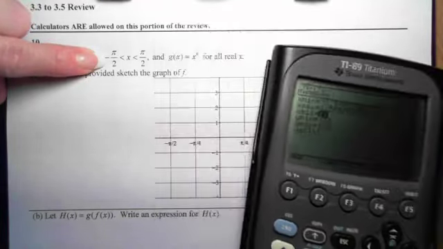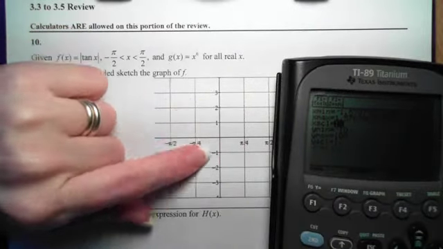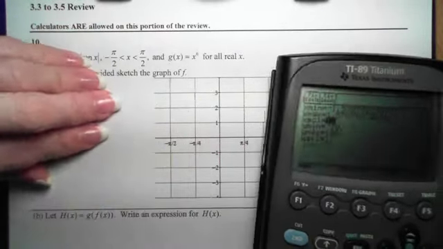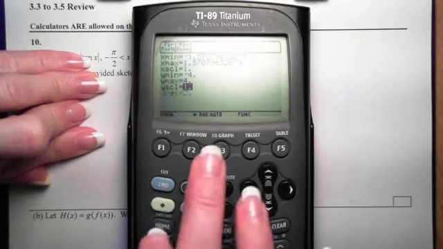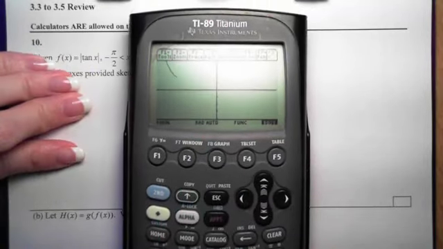Then I'm going to look at my screen, my picture here, and it looks like my y's go from negative 4 to 4. So I'm going to do the same thing here with my y's. I'm going to go from negative 4 to 4. Then I'm going to hit my graph, so that's diamond F3, and I'm going to look at my picture.